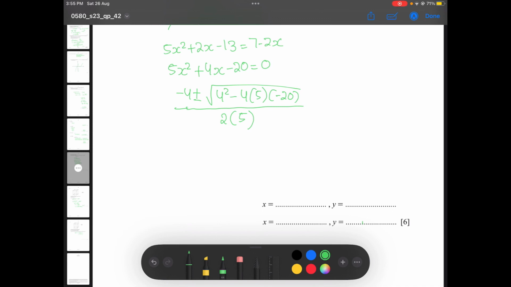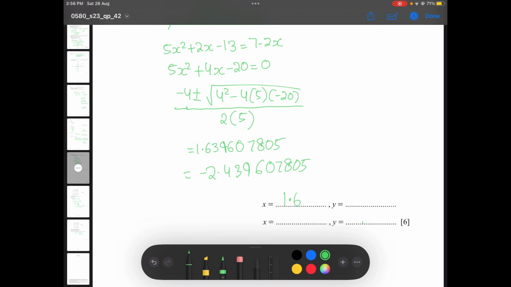This gives, one of the solutions is 1.6396078005, and another solution, when you subtract it, is negative 2.4396078005.